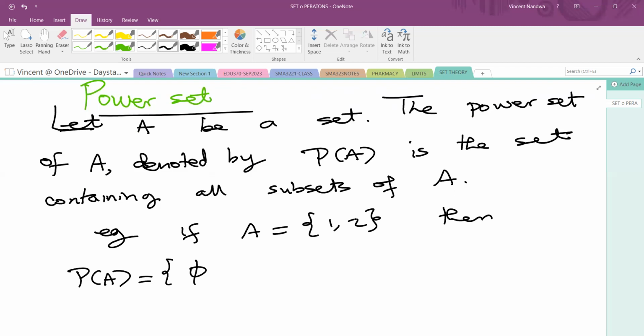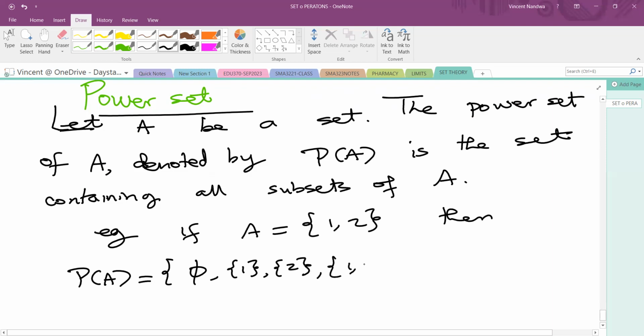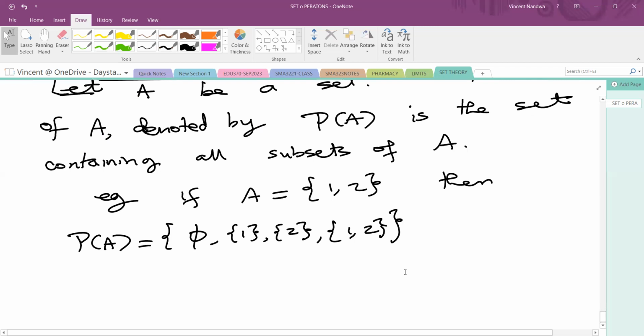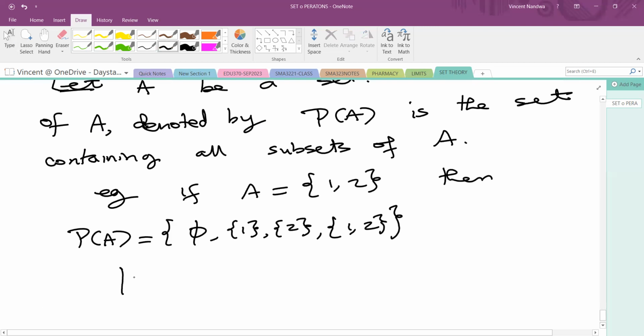So the subsets of A will be the set having no elements, the empty set, or a set which has one element each, which can be formed by 1 or by 2, or you can have the whole set formed by the two elements of A. And you can see that the cardinality of the power set of A in this case is 1, 2, 3, 4. It is 4.